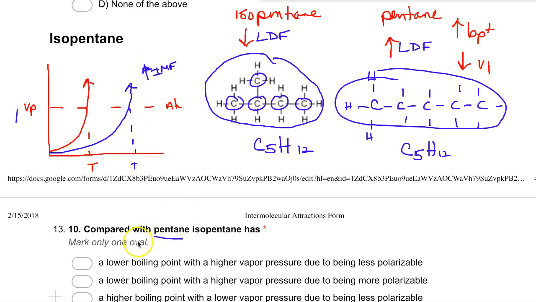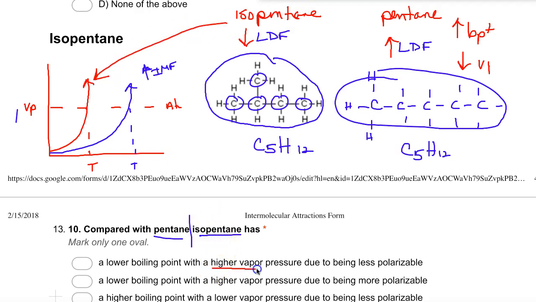Okay, so compare pentane with isopentane. Isopentane has lower LDFs, it's weaker. So therefore, let's get this red in here. Therefore, it's going to have high vapor pressure.